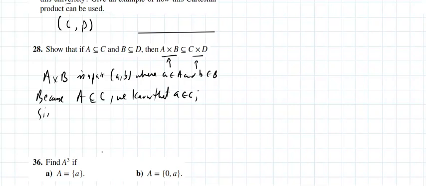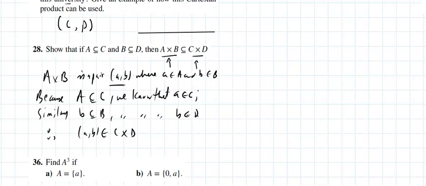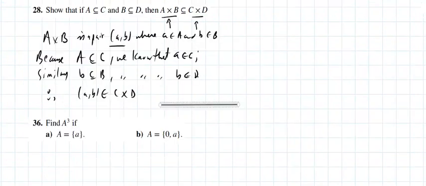Similarly, if b belongs to B, we know that b belongs to D as well. Therefore, (a, b) belongs to C cross D. And here we're talking about all the combinations of a and b. Since you're making it general, not specific, it works that way with ease.